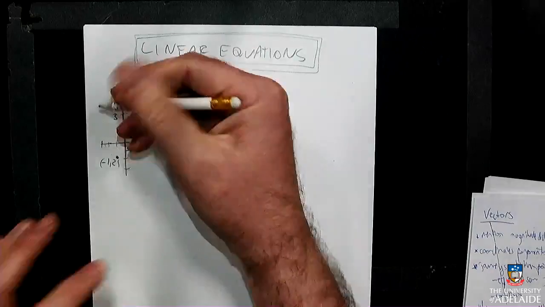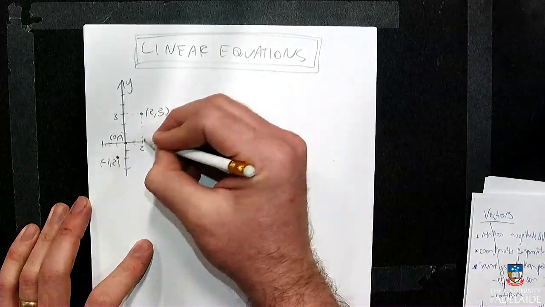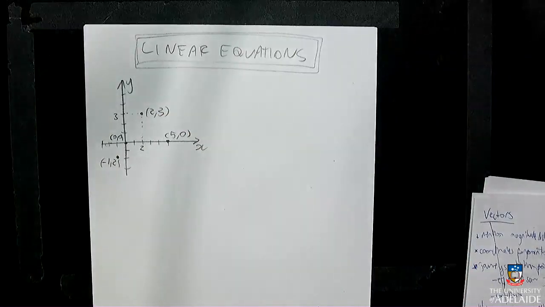And there'd be 0, 0 as well just here, which lines up with 0 on both. Every point has coordinates.